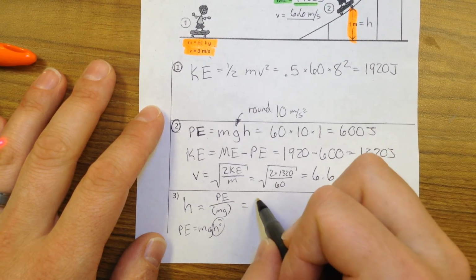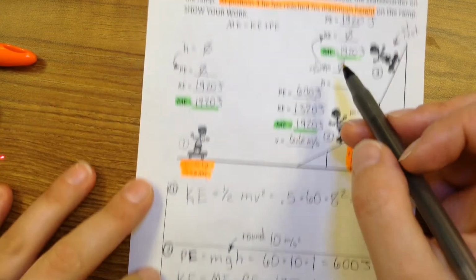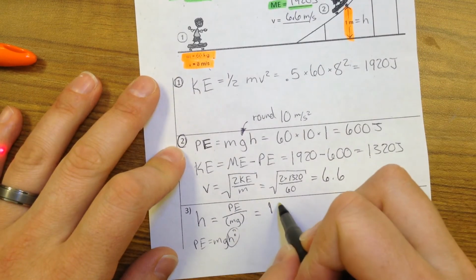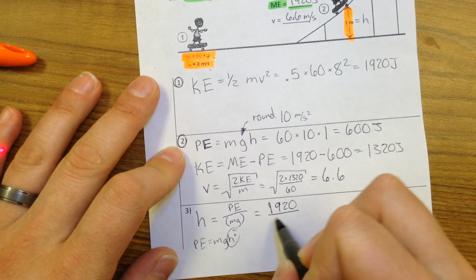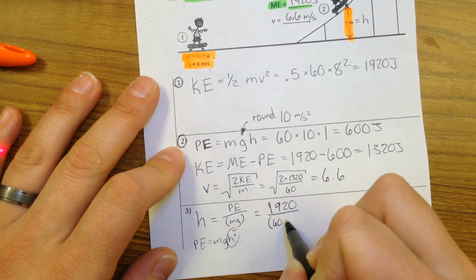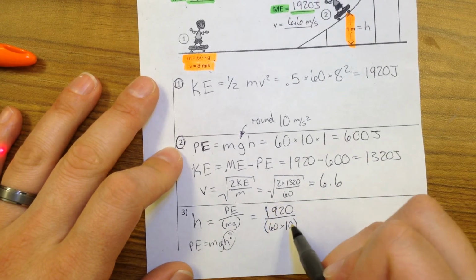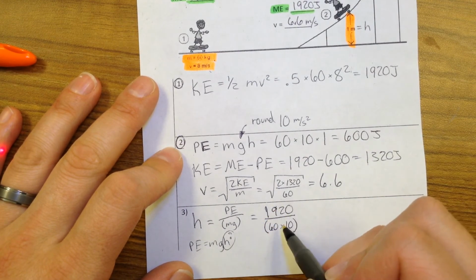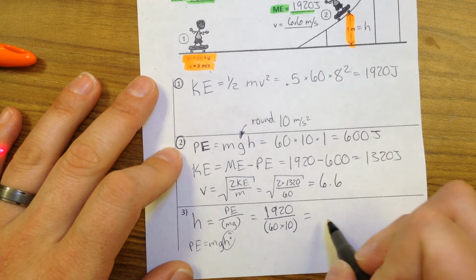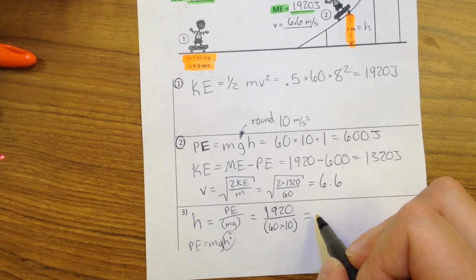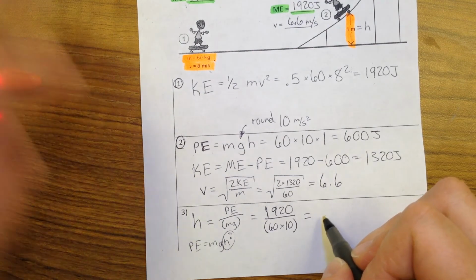Plugging in our numbers, potential energy at position 3 is 1,920. And I divide that by the mass of 60 multiplied by gravity of 10. Okay? 60 times 10 is 600. 1920 divided by 600 in your calculator, and you get 3.2.